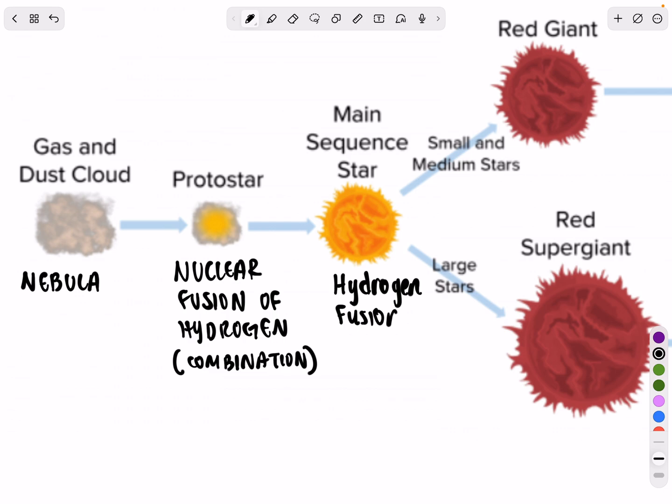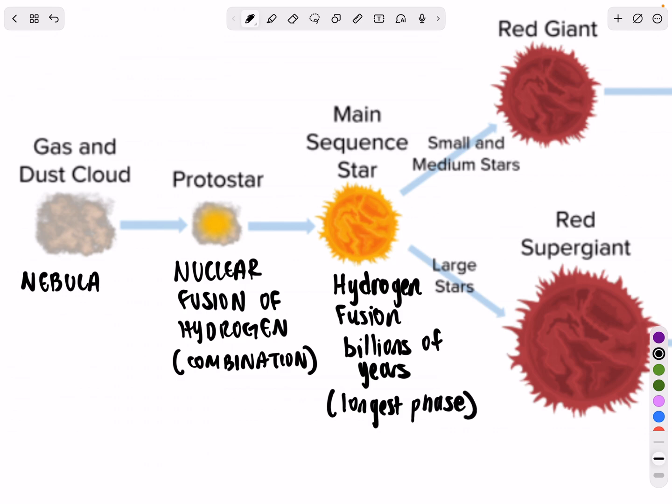This hydrogen fusion phase, that's what causes the sun to glow and be bright, causes stars to consistently be so bright that we can see them from so far away. This nuclear fusion with this hydrogen fusing together, this combination of elements, occurs for billions of years, which is why this current stage of a star is the longest. So I'm going to write that, the longest phase.